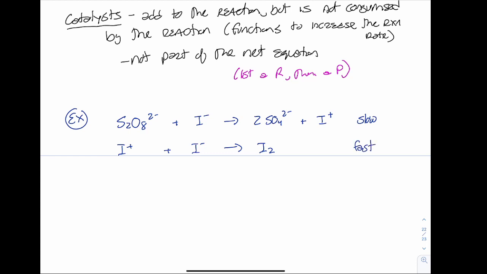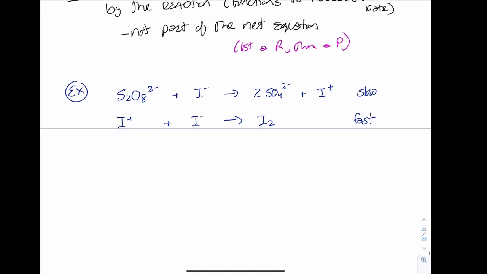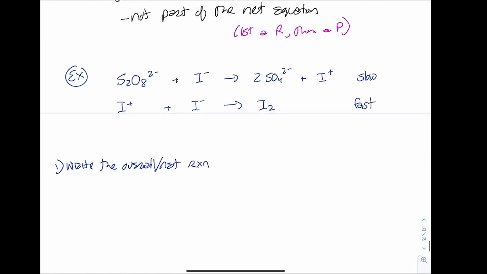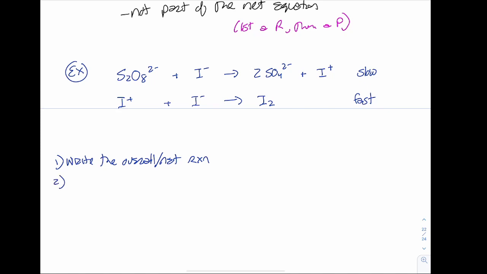So 2 elementary steps. And we're going to do a couple things. So our questions is we're going to write the overall reaction. We're going to identify any intermediates and or catalysts.